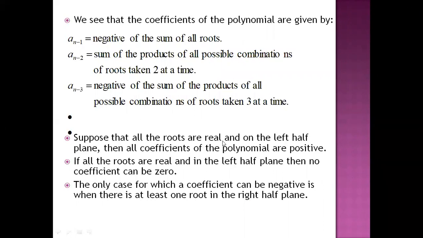If all the roots are real and in the left of the S plane, then no coefficient can be 0. The only case for which a coefficient can be negative is when there is at least one root in the right half of the S plane. These are the necessary conditions for the Routh stability criterion. That is, all the coefficients of the characteristic polynomial should be positive, greater than 0, and non-zero.